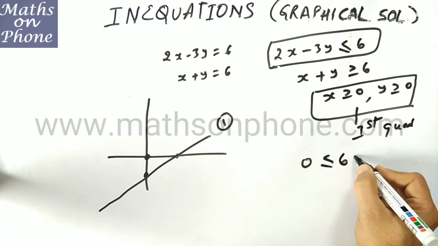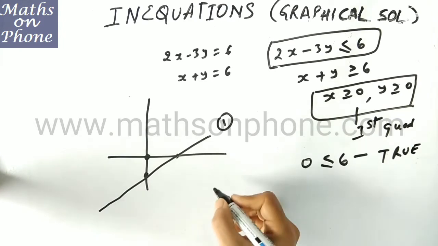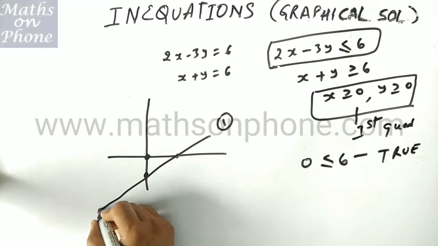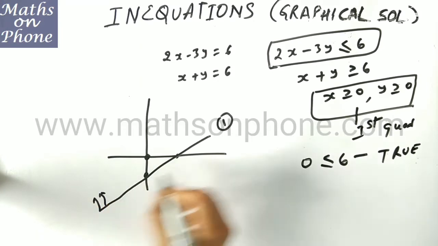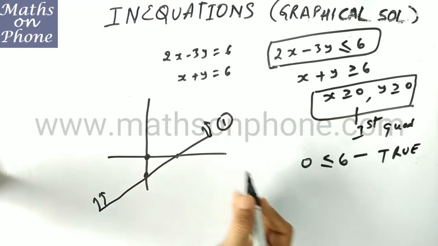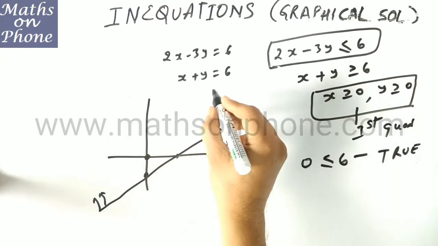Is it true or false? It is true. So true, that means which area we need to shade? The area which is containing origin, that is upward. So just like this, put an arrow. That means you can identify the area. This is the upward area.